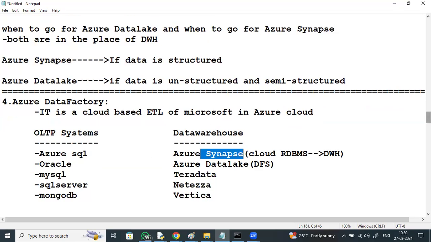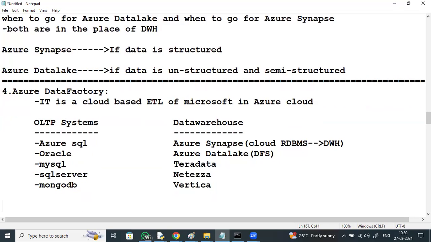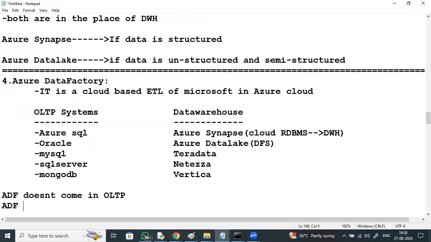Up to now, whatever I discussed, Azure SQL, Azure Data Lake, Azure Synapse. Now Azure Data Factory, ADF. Where does ADF come? It doesn't come in OLTP. It doesn't come in data warehouse. Where it comes is here in the middle.